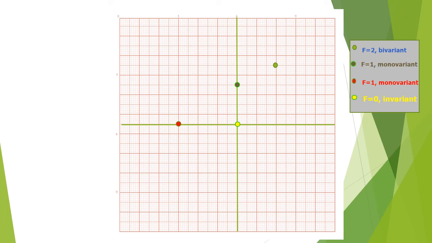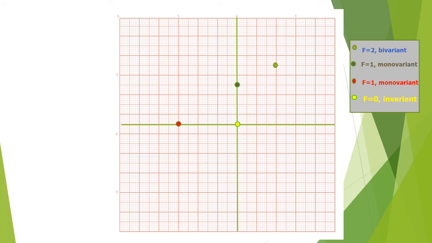Yes, let us understand this degrees of freedom in terms of a graphical representation. Here I have a blue dot, right? This blue dot is in the first quadrant. So how can I define this blue dot? What are the variables required for you to define this blue dot?